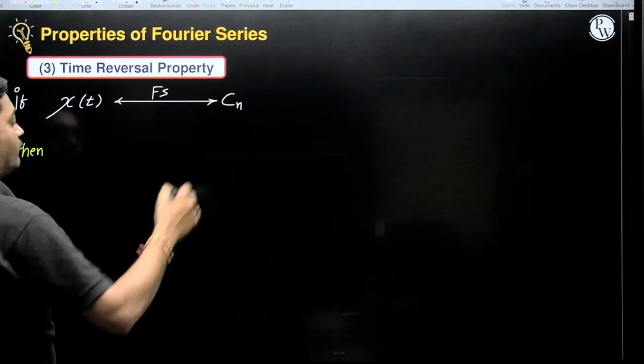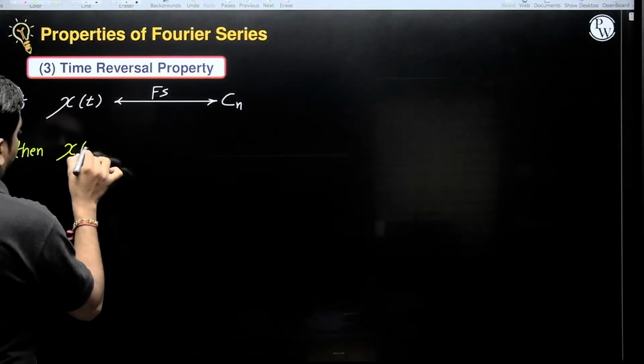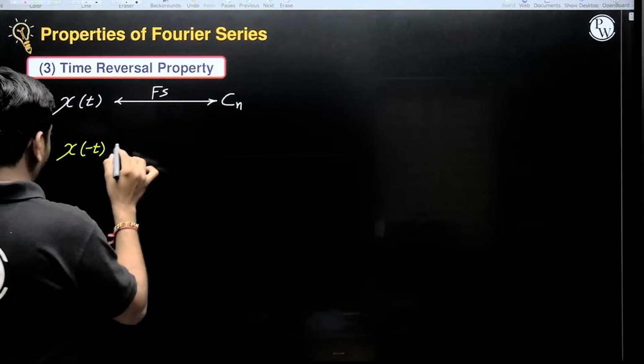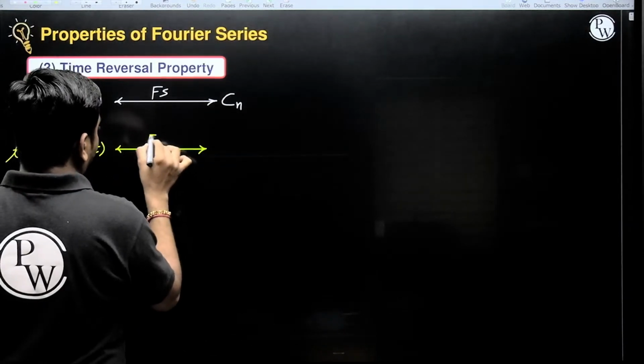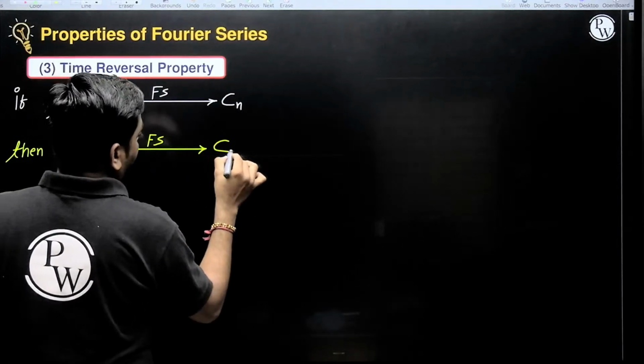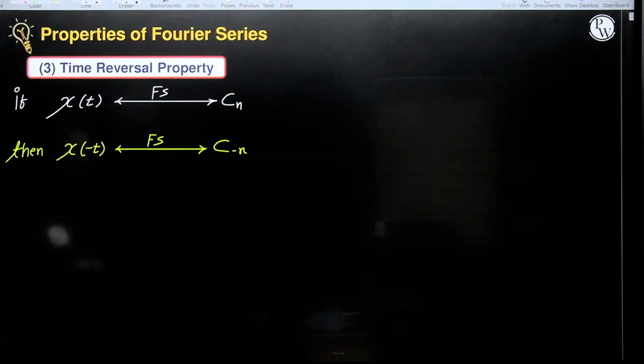Tn is also flipped with respect to the y axis. If you replace t with minus t, here also you have to replace n with minus n, correct?